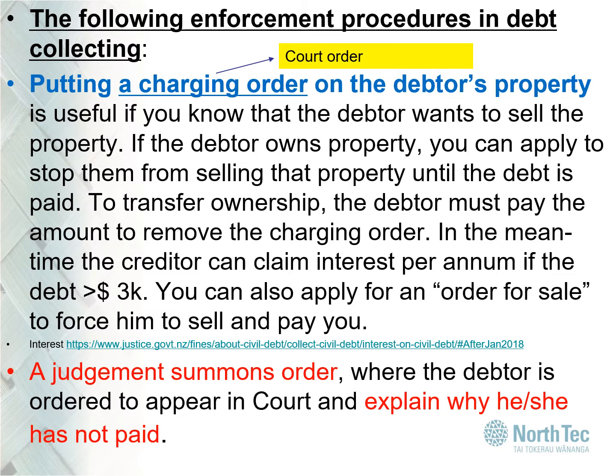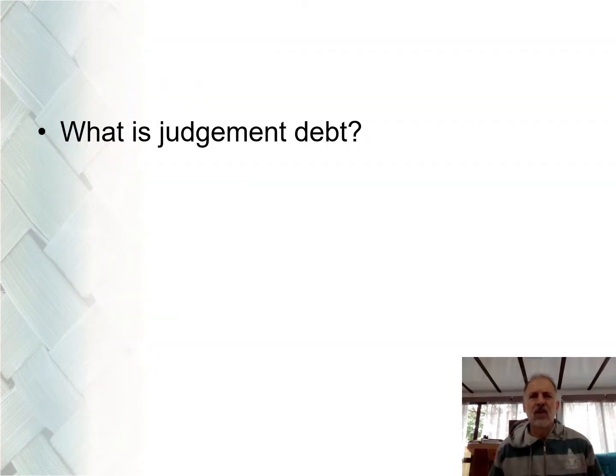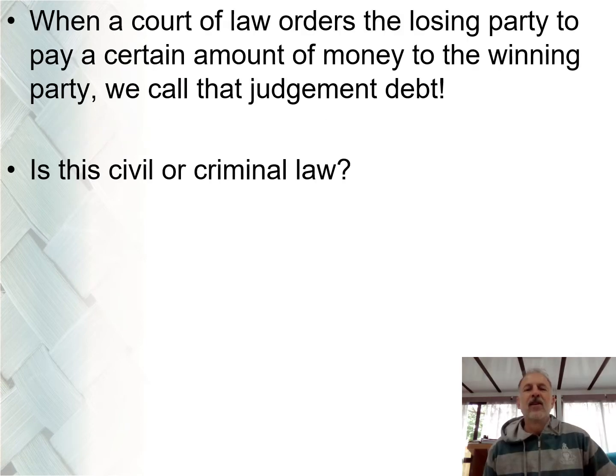It is where the debtor is ordered to appear in court and explain why he or she has not paid. What is judgment debt? It's when a court of law orders the losing party to pay a certain amount of money to the winning party. We simply call that judgment debt.